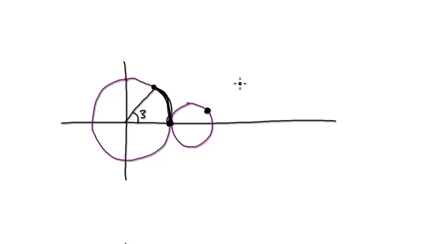Well, the other particle will have moved from here to here. So this angle here, you need to work out. Let's call it beta.